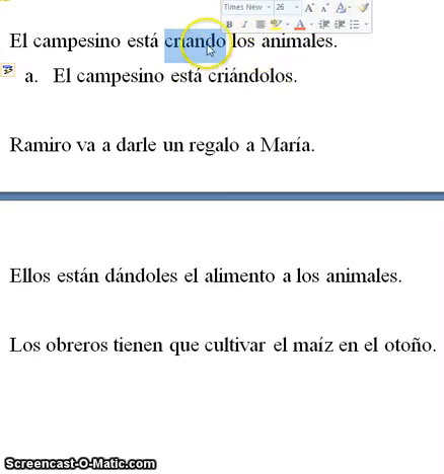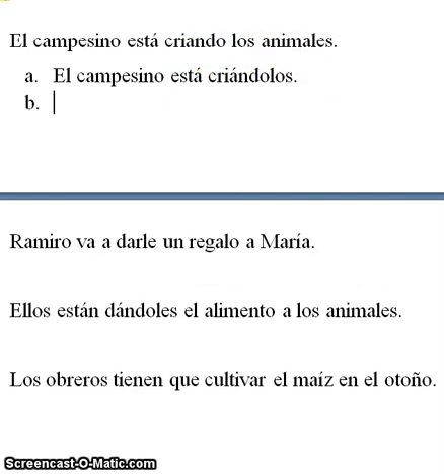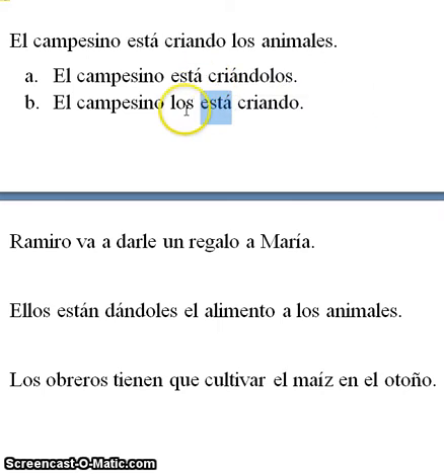Ooh, no, that's not an infinitive, I lied. See how I had a gerund? I attached the pronoun. Option B, we could say, el campesino los está criando. And that works also. This was my conjugated verb here. So I place my pronoun before that.